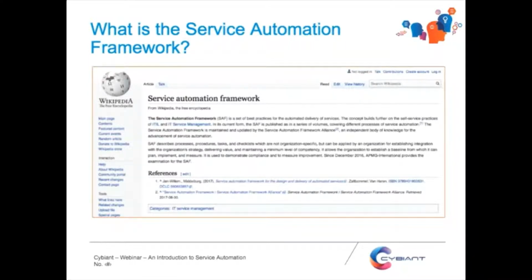And I'm happy that I've been the author of the official textbook on which the courses that we discuss now have been based. The service automation framework really came to life because of an industry request. We were working on a number of projects in which the clients asked us whether we could provide a digital and automated service delivery model.